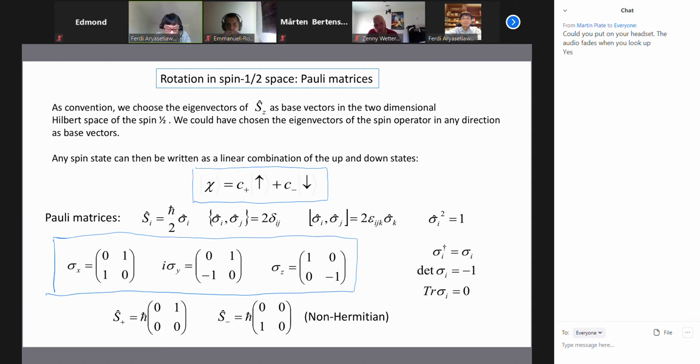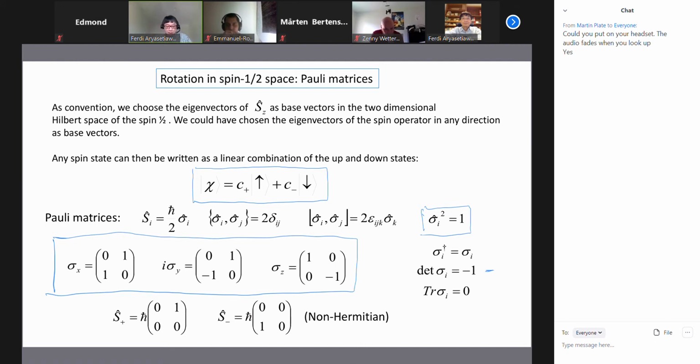One of the important properties of these Pauli matrices is that if you take the square of it, then it's equal to 1. It's also Hermitian, and the determinant is equal to -1 and it has a 0 trace. So these are some properties of the Pauli spin matrices.